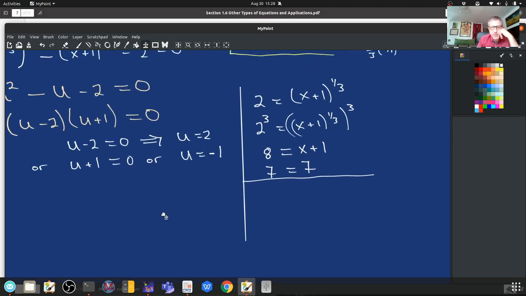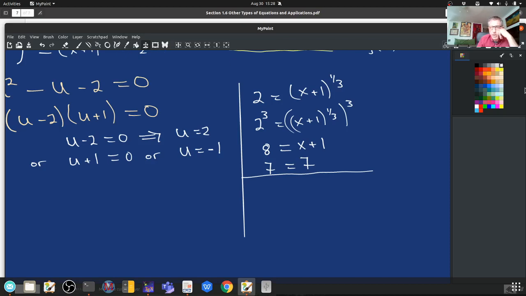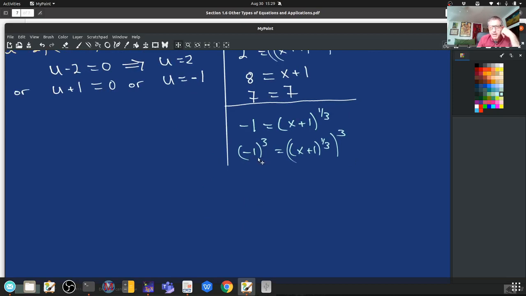And for the second one, I have u is equal to minus 1. So minus 1 is equal to x plus 1 to the 1/3. So again, we're going to raise both sides to the third power. And that gives me minus 1 times minus 1 is plus 1, times minus 1 is minus 1. So I have minus 1 over here.